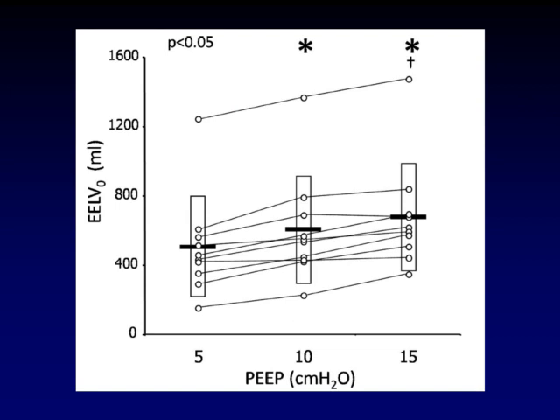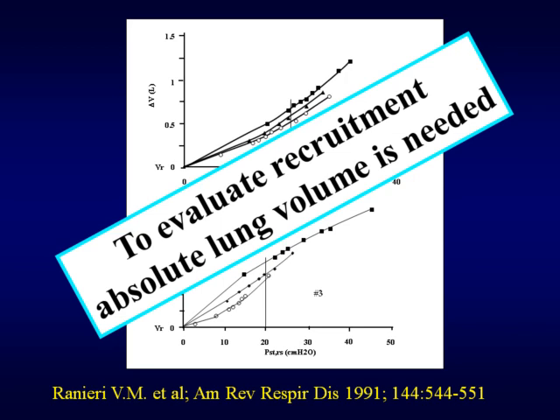So the concept is, if we measure end expiratory lung volume, we can get much information. But what I want to tell you tonight is that if we measure lung volume, we can have another very effective estimate of the possibility of over-distending the lung.